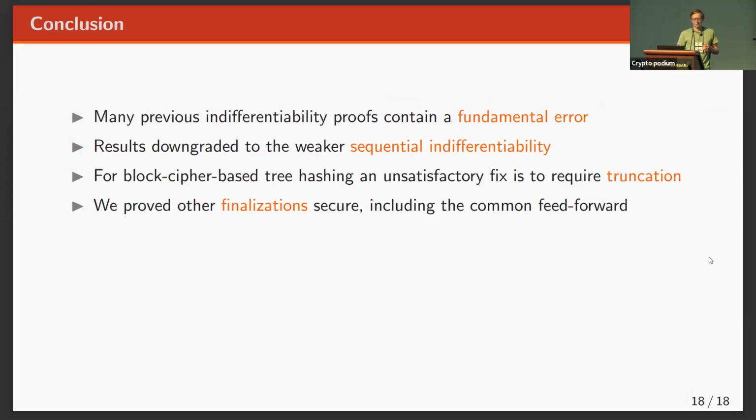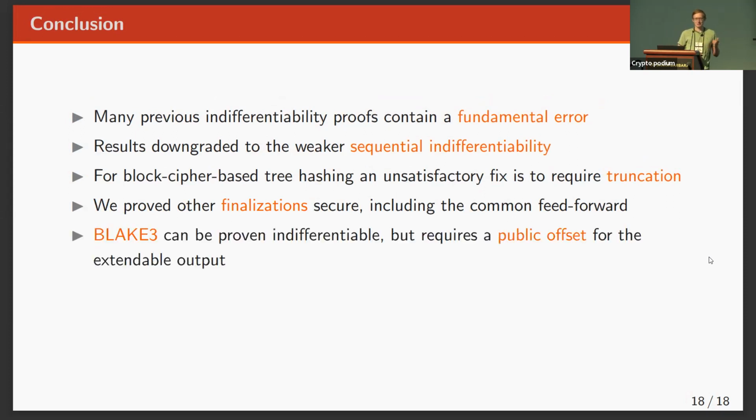In this work, we also prove other finalizations secure, including the common feed forward. And we also saw that Blake 3 can be proven indifferentiable, but it does require a public offset in the extendable output. That is not ideal behavior, but in practice also not that big of a problem. So that's the end of my presentation. Thank you for your attention.